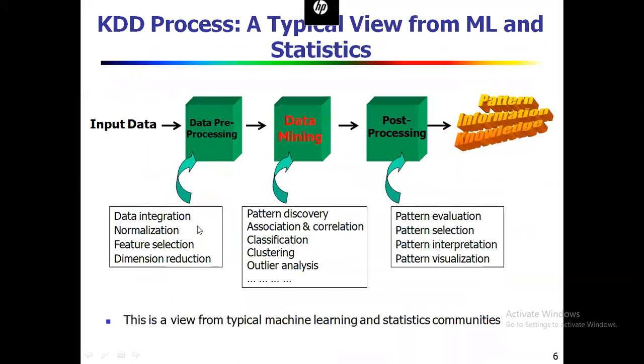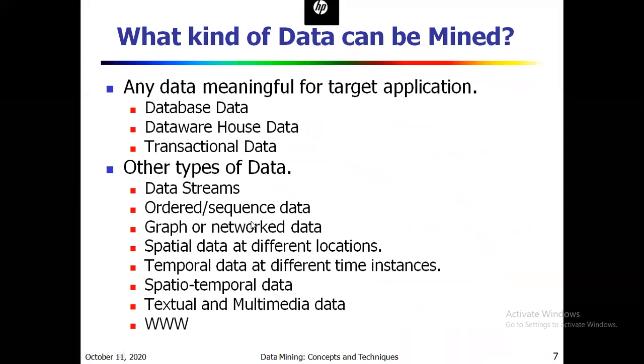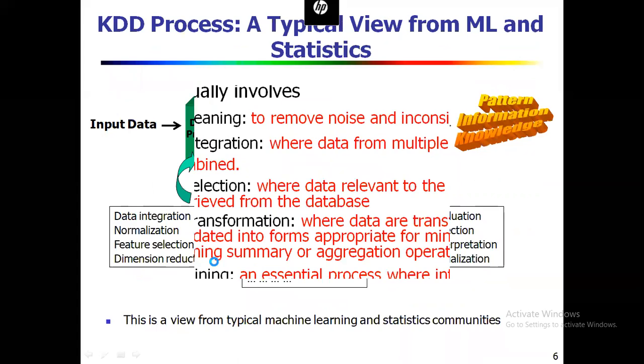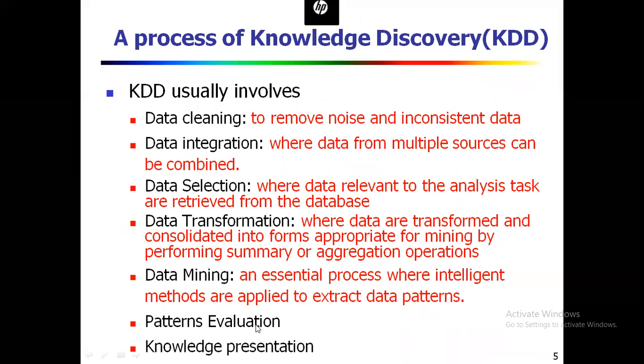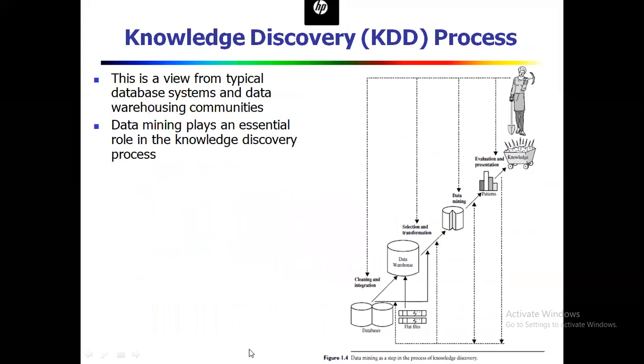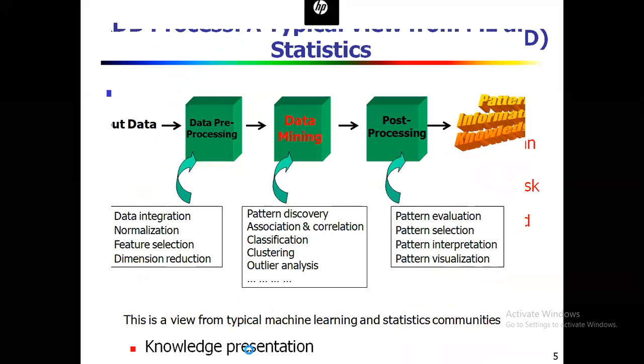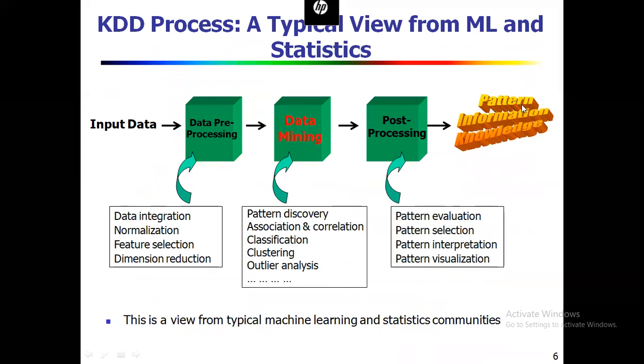And then we have data mining. After data mining, we have post-processing, in which we use pattern evaluation or some presentable method in which the knowledge is presented. So the pattern information or knowledge is presented to the end user.